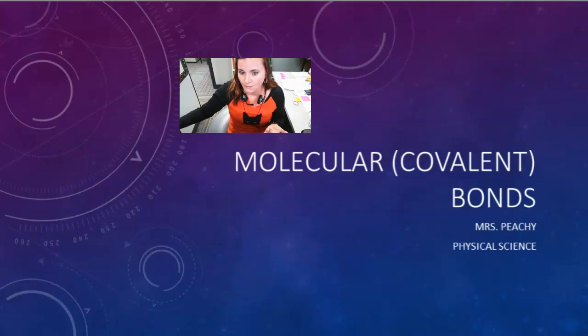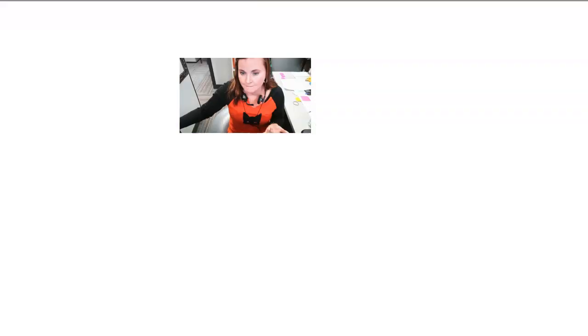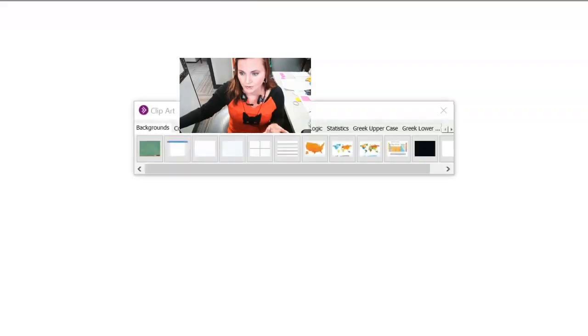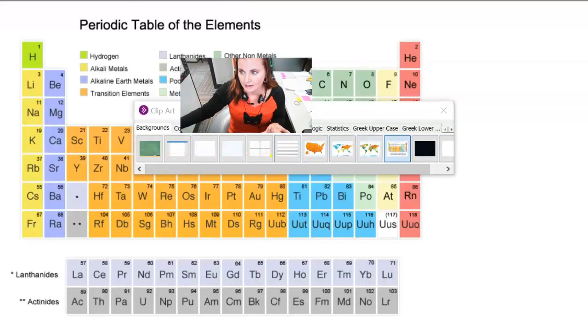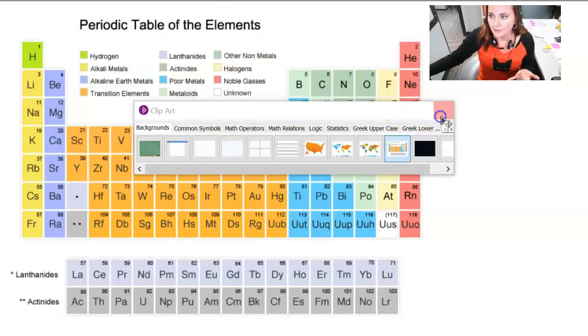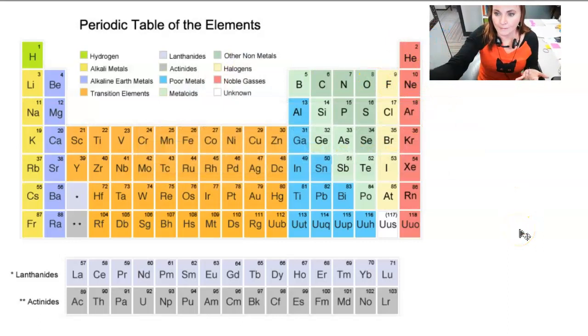In order for ions to do this with ionic compounds, let me show you the periodic table real quick. Take lithium, for example.